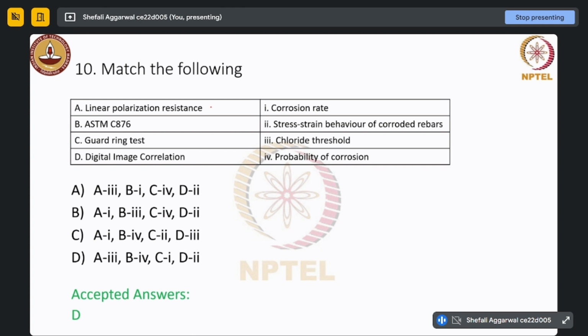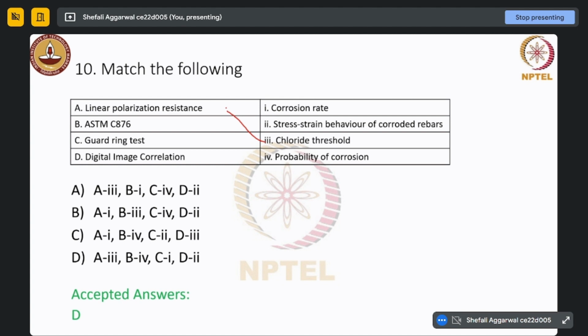So we prefer to do other NDT testing, like EIS and all, to calculate the exact corrosion rate, or go for destructive testing to calculate the corrosion rate. So from LPR, we can get the chloride threshold value, but corrosion rate we won't say, because it's not that reliable a test to calculate the direct corrosion rate.